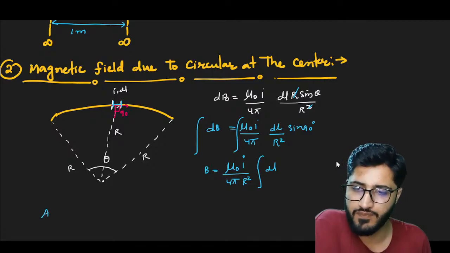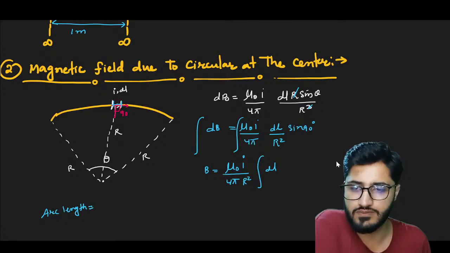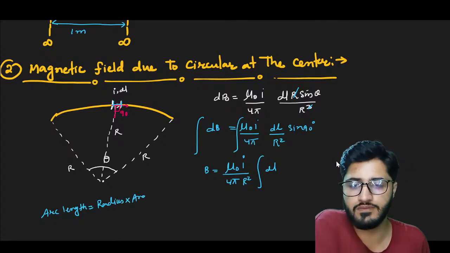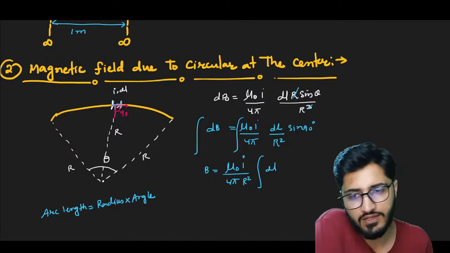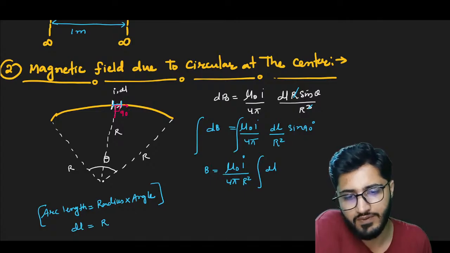Arc length equals radius into angle. This is one formula, no? Now arc length is dl, radius is r, angle is theta. So in place of dl, I will write r theta.